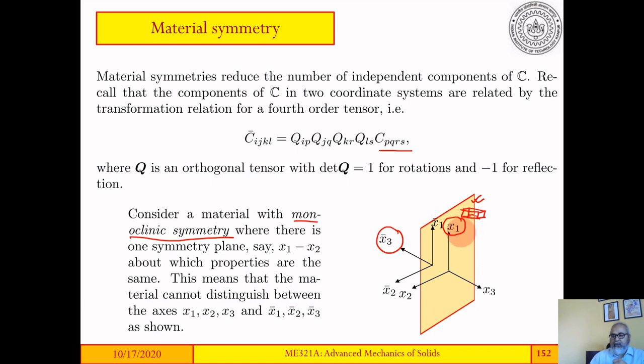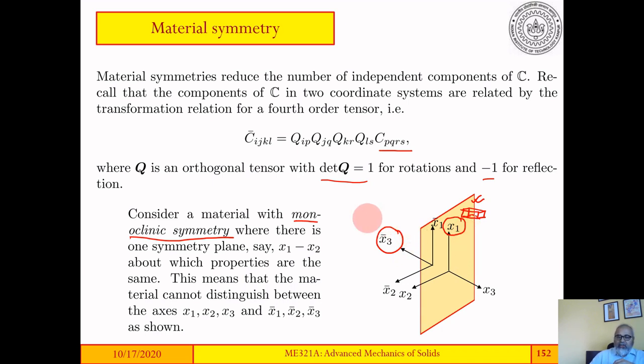That's the idea here. And remember that Q is an orthogonal tensor with det Q equal to 1 for rotations and -1 for reflections. This is a reflection operation that we are doing, about a plane of symmetry.